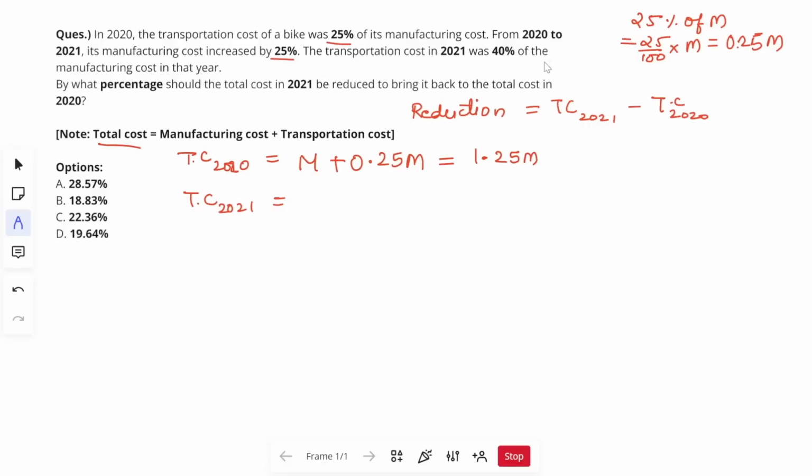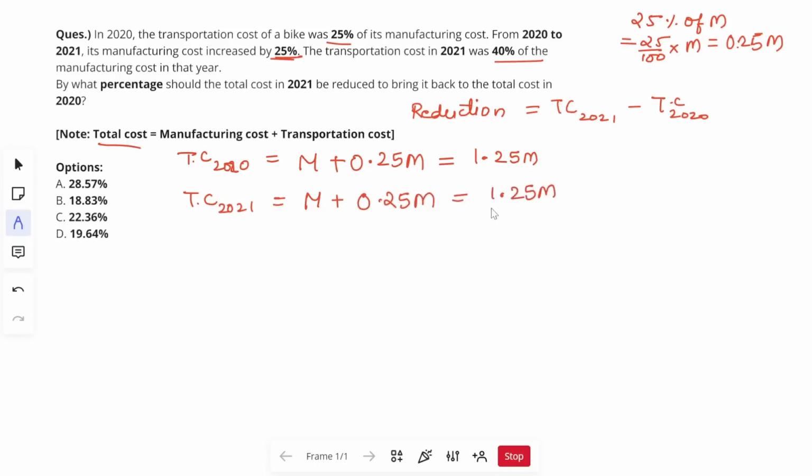So manufacturing cost in 2021 will be M, again because we are not given the manufacturing cost here also, so we consider it in terms of M, and then we will add 25%, because it is increased by 25%, so 0.25 M. This will also be 1.25 M.